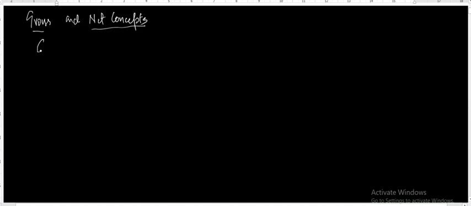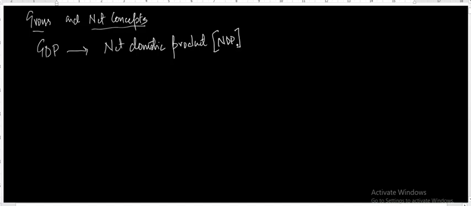We had this GDP, and now I will be talking about the net domestic product, simply NDP. Net domestic product is simply the gross domestic product adjusted for depreciation.